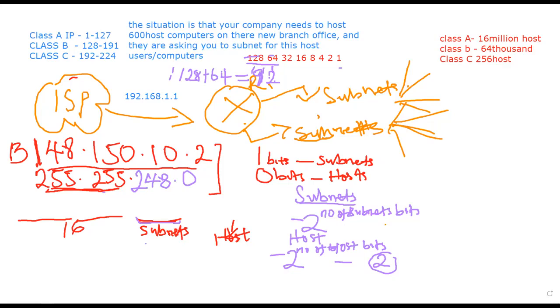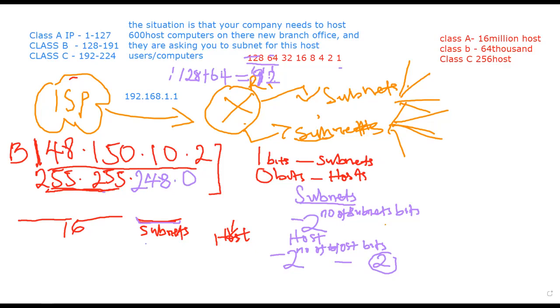Now let's see what 248 would give us here. We have 128, 192. I'm very poor with math, but of course, you're allowed to use a calculator.